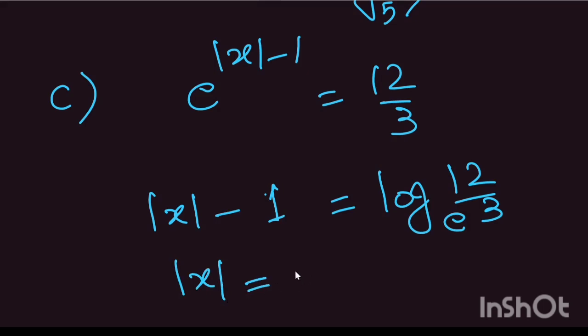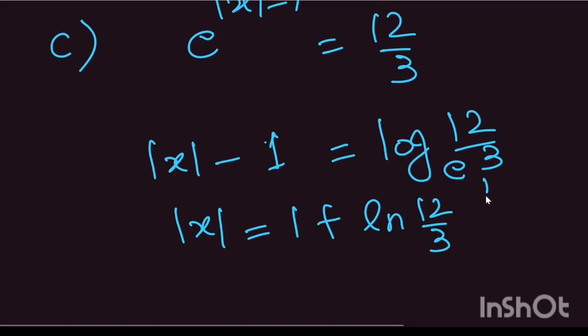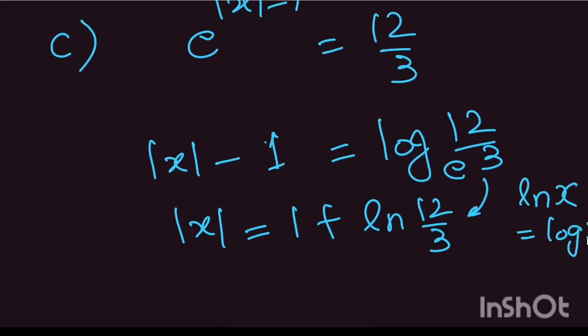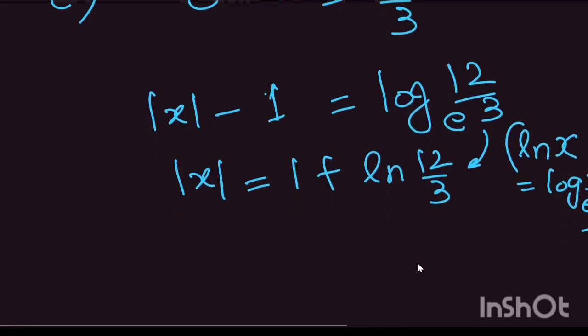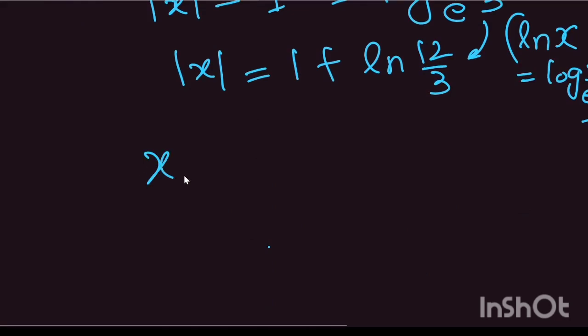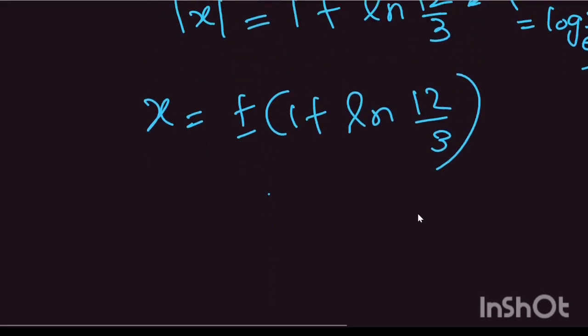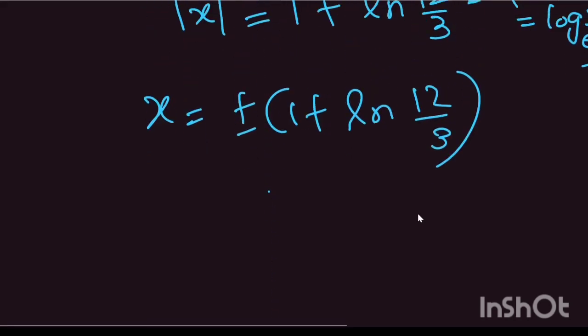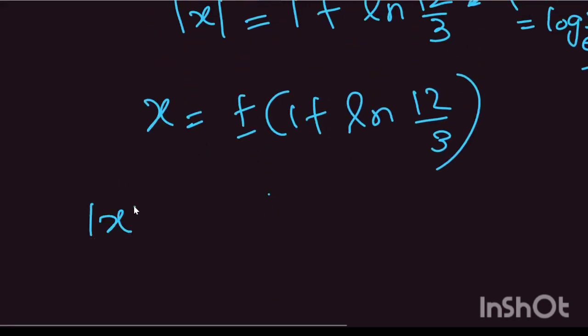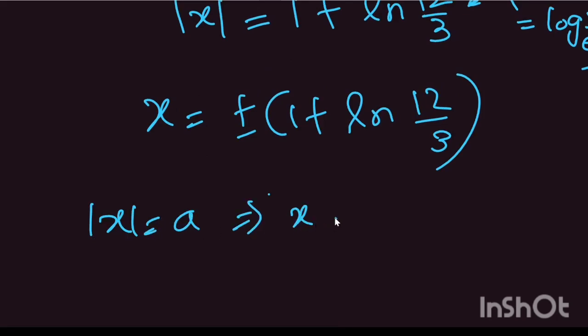So mod x is equal to 1 plus ln 12 by 3, because log base e is what? ln x is log x base e. Okay. So 1 plus ln 12 by 3. So x is plus minus 1 plus ln 12 by 3 would be the answer, guys. Okay. Using the fact that if mod x equals a, x is plus minus a.